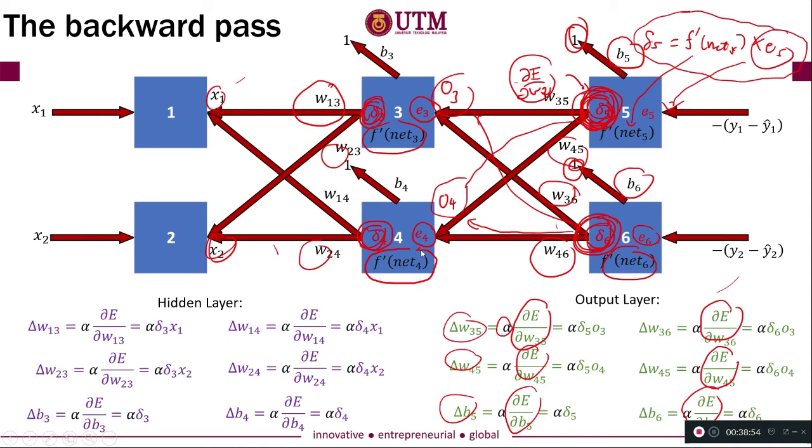But there's some difference between the output layer and the hidden layer. As you can see, for the output layer, to define E4, E5 and E6, this is the expression.